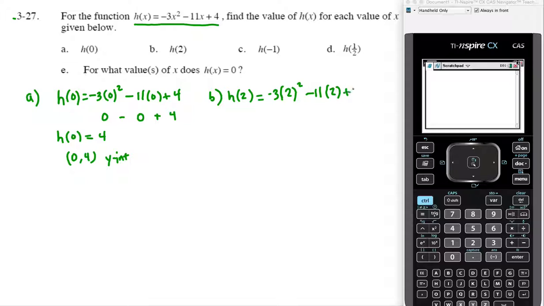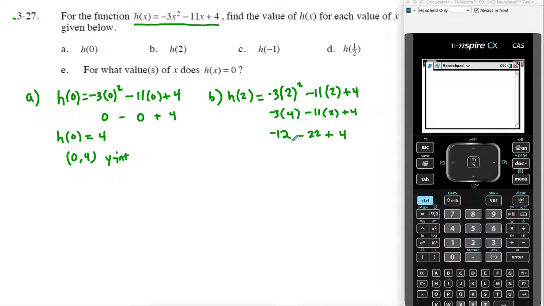And then plus 4. So 2 squared is 4, so we actually have negative 3 times 4 minus 11 times 2 plus 4. Negative 3 times 4 is negative 12. Negative 11 times 2 is negative 22. And then we have plus 4 at the end.